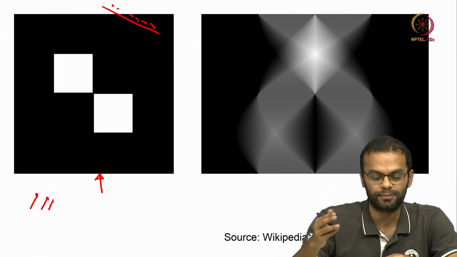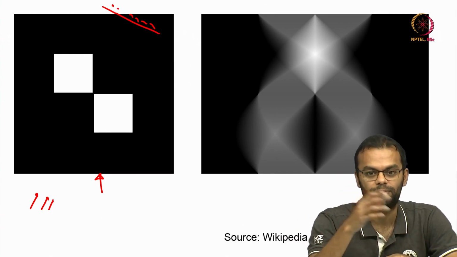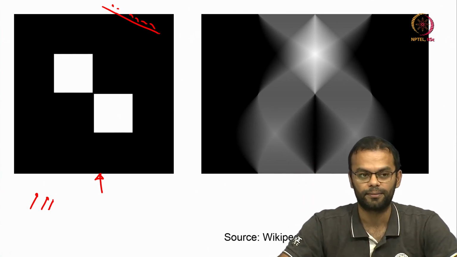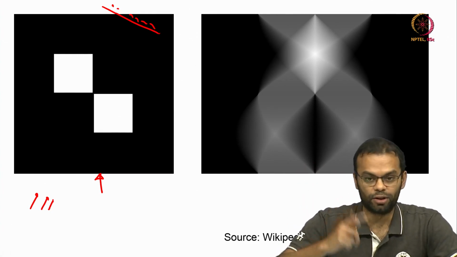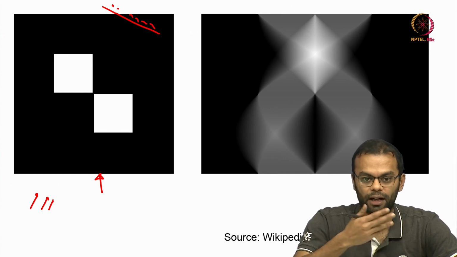If you get a large absorption, you get a large value, something close to white. If you get 0 absorption, you get a black signal, because we have taken minus log of I by I naught, and log 1 is equal to 0, so that automatically removes it, like a dark field image basically.